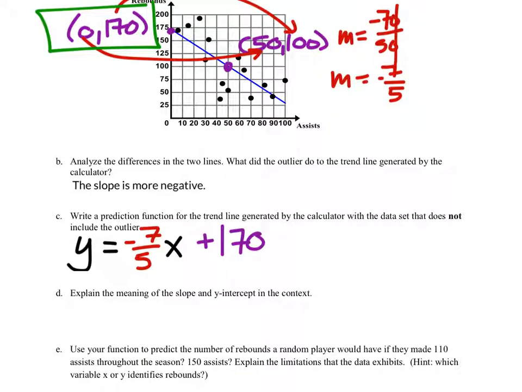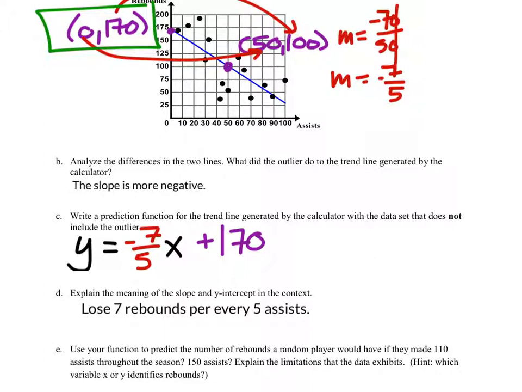All right, explain the meanings of the slope and Y-intercept. Let's do these. It's important again to remember what we're comparing. We've got rebounds and assists. So when I put in the slope, we would say that you would lose 7 rebounds per every 5 assists.